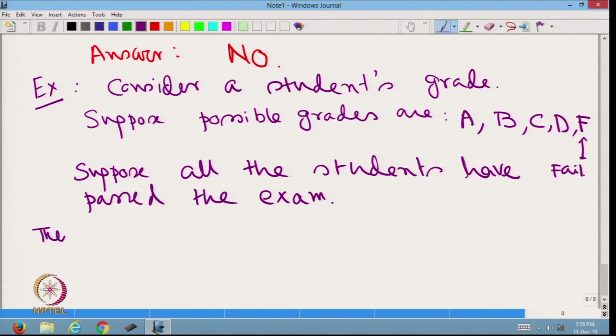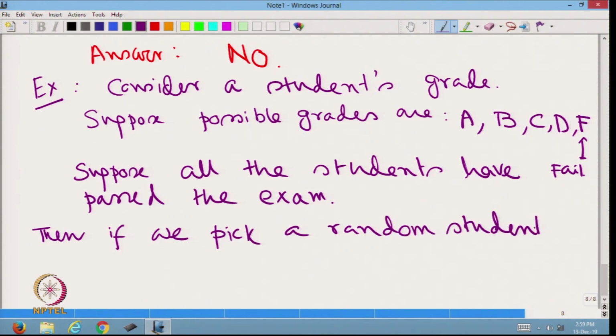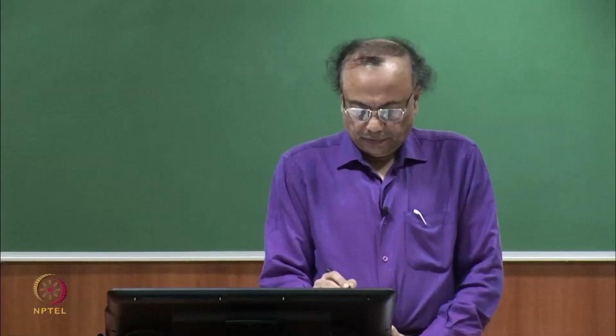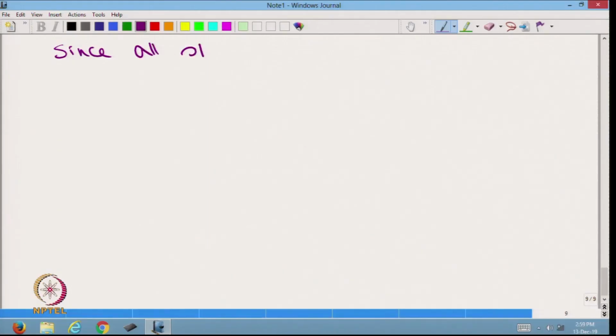Then, if we pick a random student and obtain its probability of getting an F grade, since all students have passed, probability of F is equal to 0.